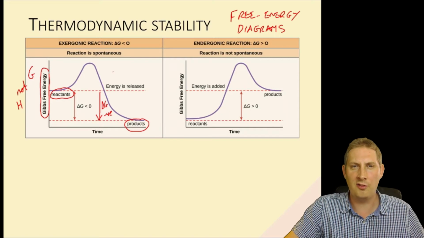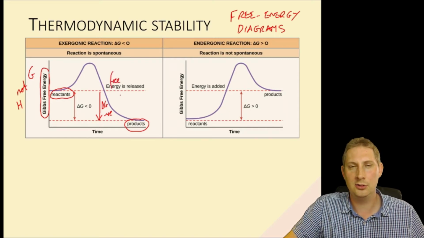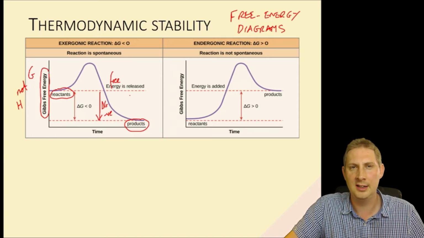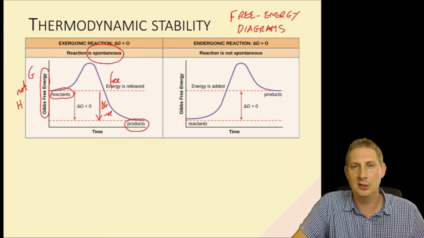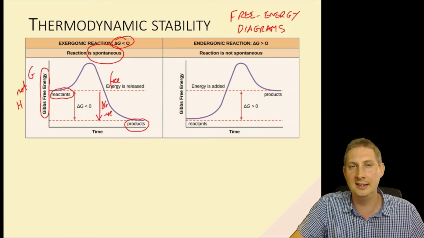This means free energy is released, not enthalpy, not quite the same, but free energy is released. In other words, the reaction is spontaneous. So if the products have less free energy than reactants, i.e. if delta G is negative, the reaction is spontaneous.